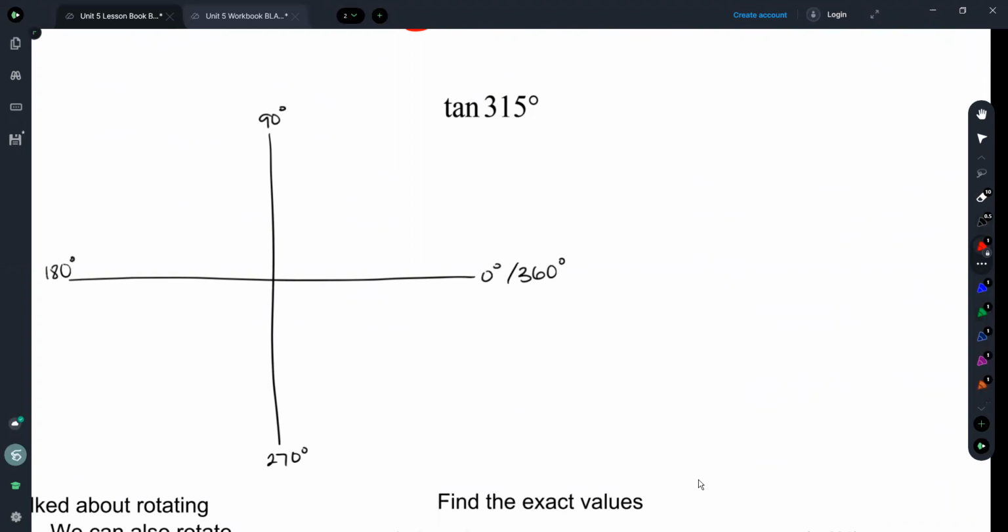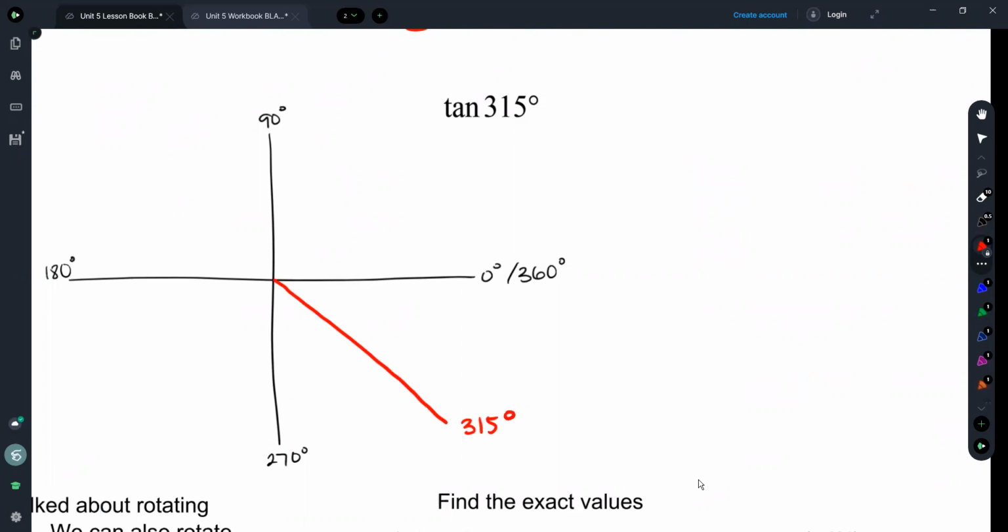Where should we put it? Okay, so quadrant 4, and it should be about halfway in between 270 and 360, I think. That's where 315 is. So that's step number 1.